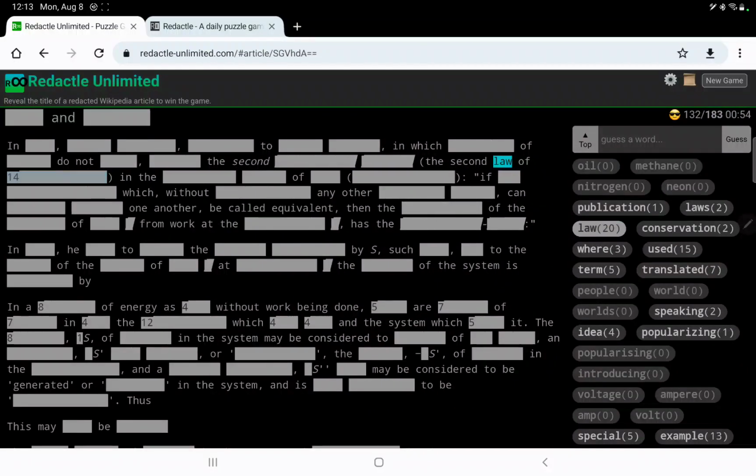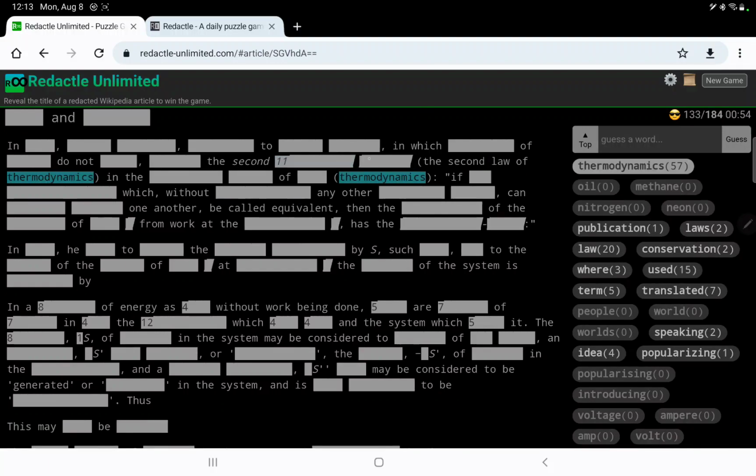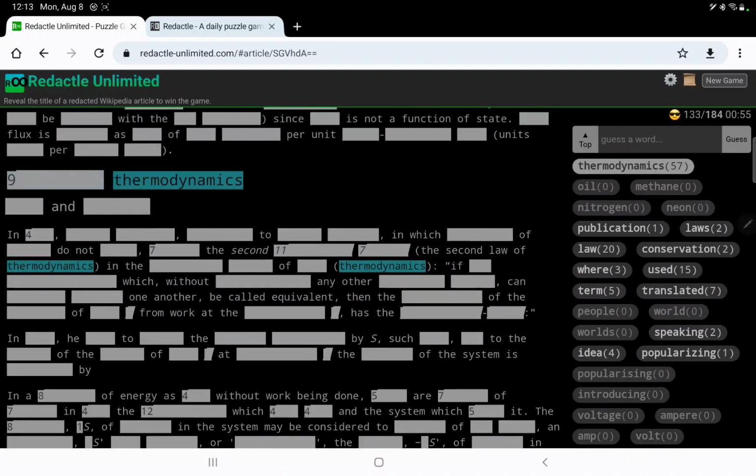Let's look at our laws. The second law of thermodynamics. Okay. Something thermodynamics. 4 and 7. In 4, 6, 8, 9 to 6, 7, in which 9 of 6 do not 5. 7, the second 11, 7.